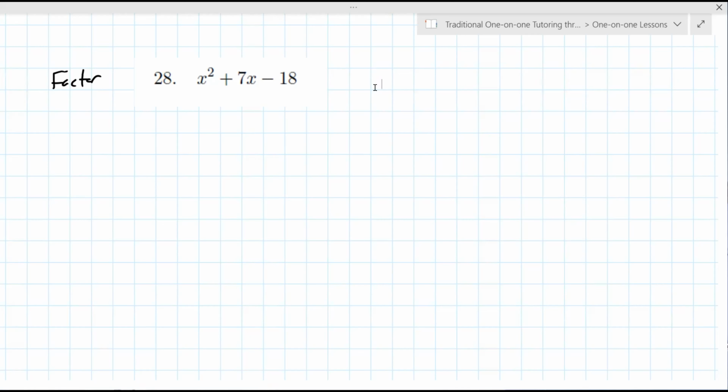How are you doing on this one? I'm still factoring out. I'm doing that.